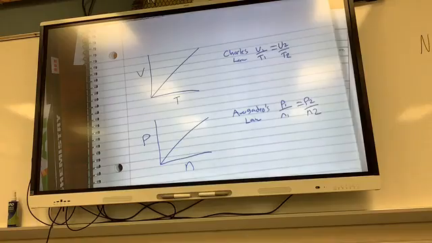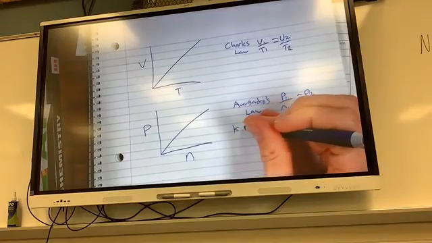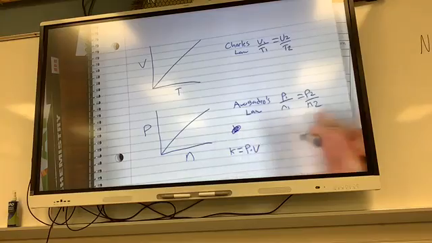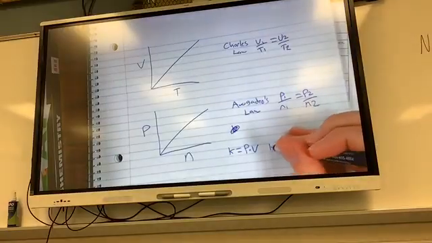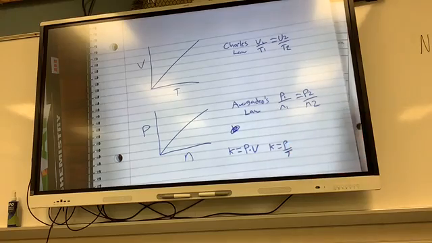Are you with me? So for the first one, we said that K equals P times V. This is back from our lab, right? For the second one, we said K equals P over T, the constant.